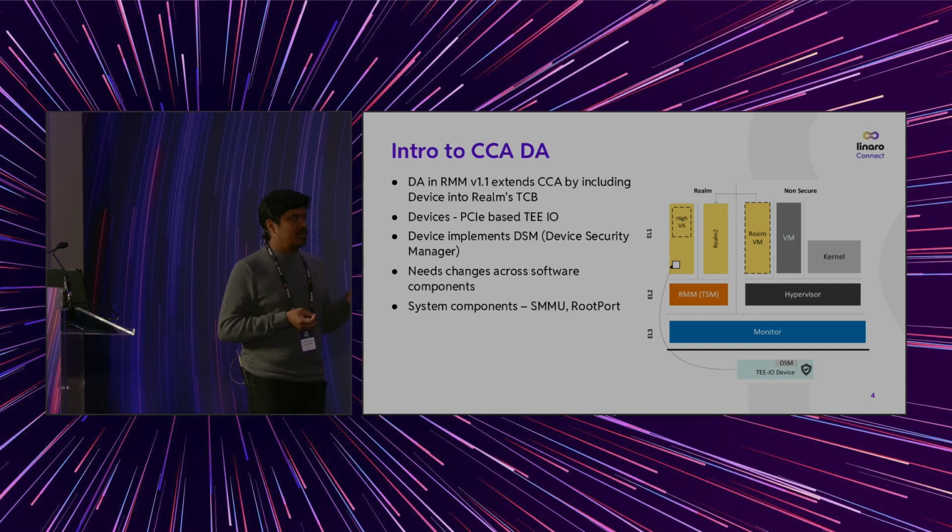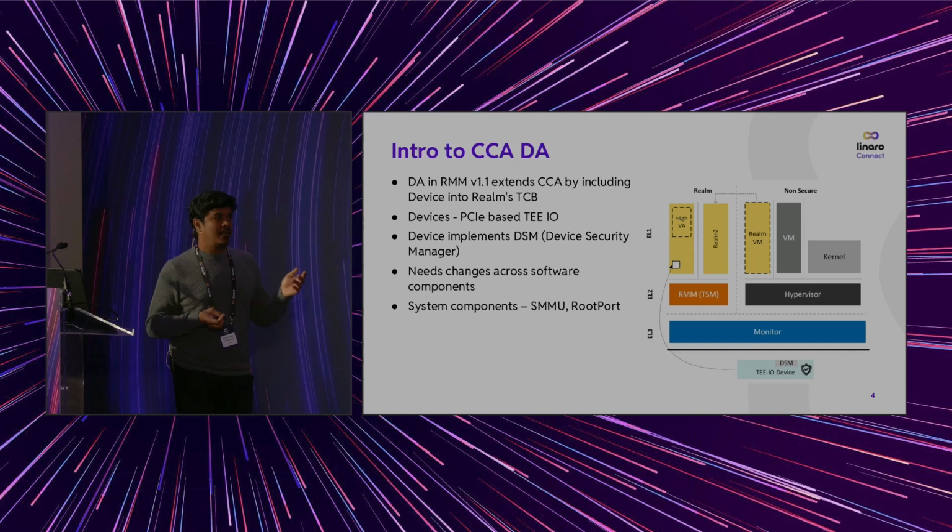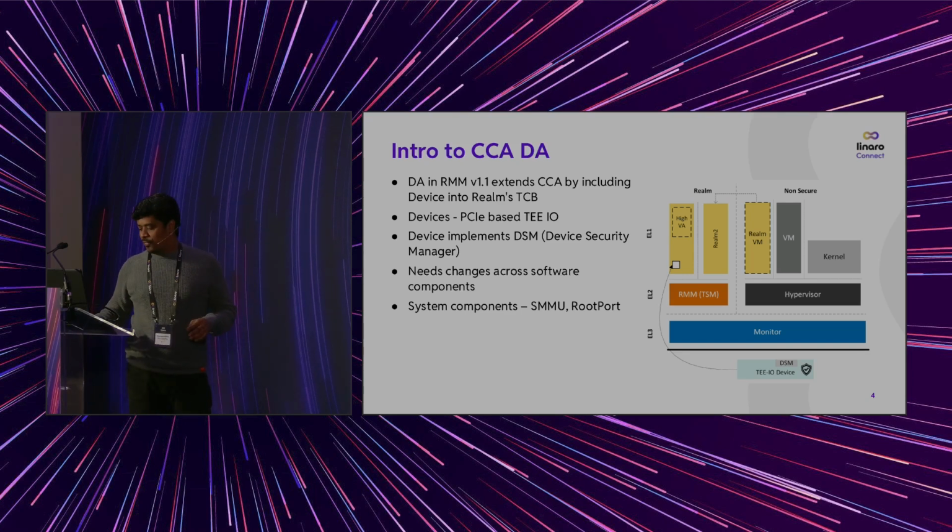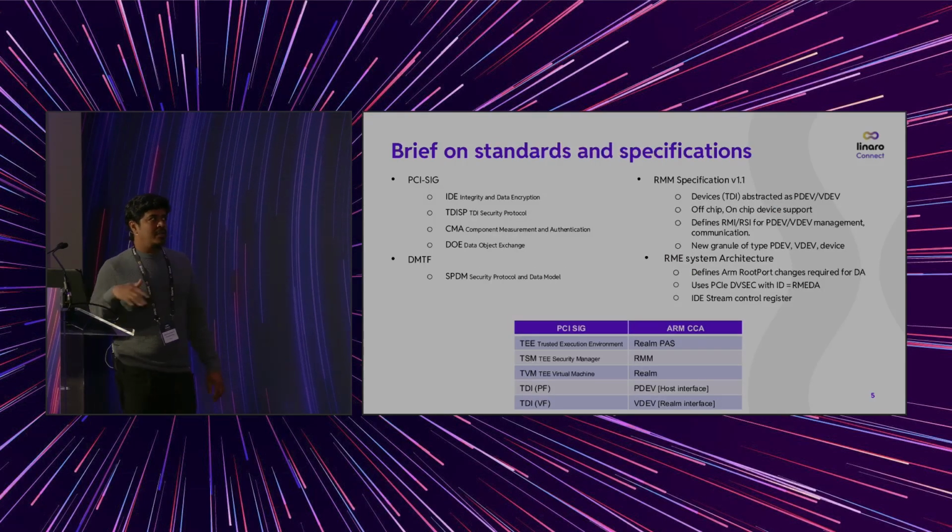This also brings some changes to the system components, mainly the SMMU and the root port. The root port has to be compliant with the ARM RME system specifications. So a whole lot of changes have been done to enable ARM CCA DA. That brings me to the next slide.